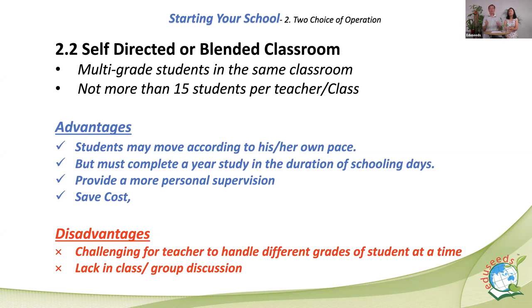But you make sure that when a child who is going at their pace is doing very slow, that's not acceptable. We must complete a year's study in the duration of the schooling days, meaning one year, how many days of schooling and how many modules. They are supposed to finish, like English, Math, Science, 10 modules a year, they must finish the 10 modules a year.